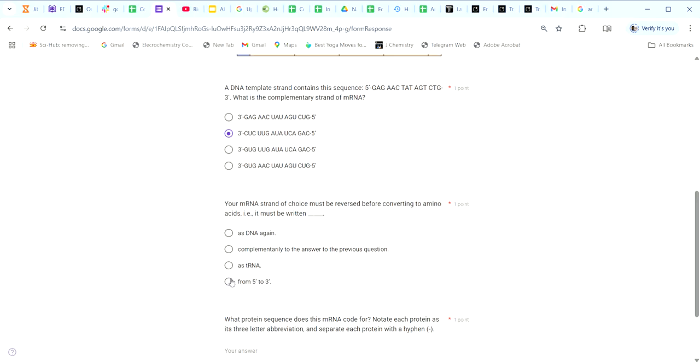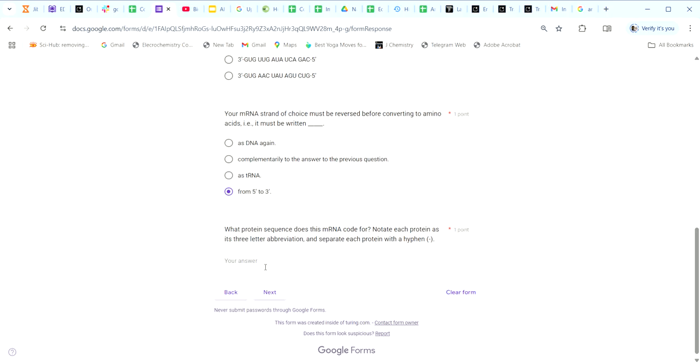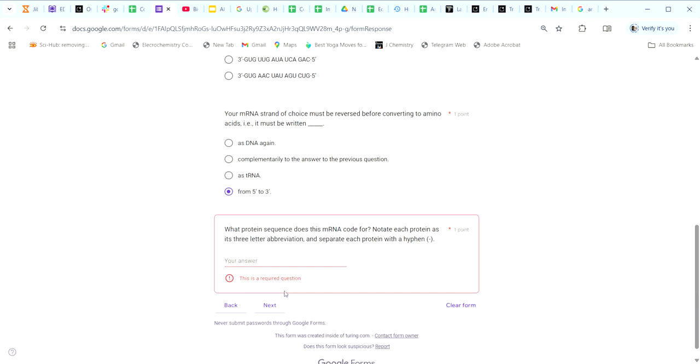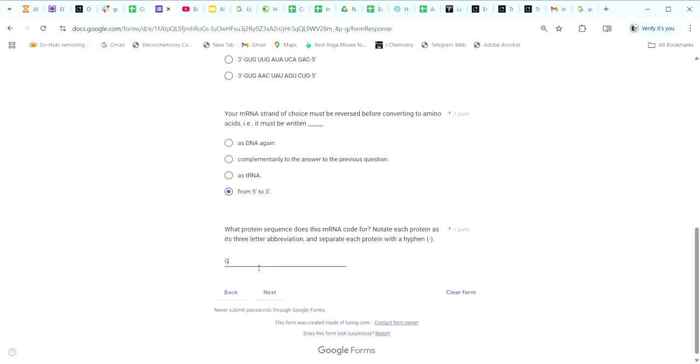By defining which protein sequence is meant to code for which protein sequence. What protein sequence does it mean to code for? G L N. Okay, I have no idea about this.